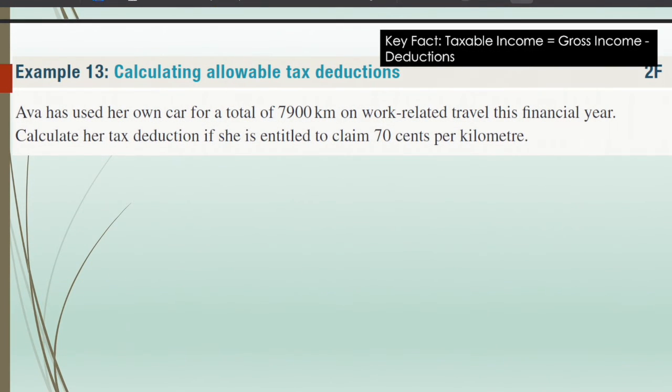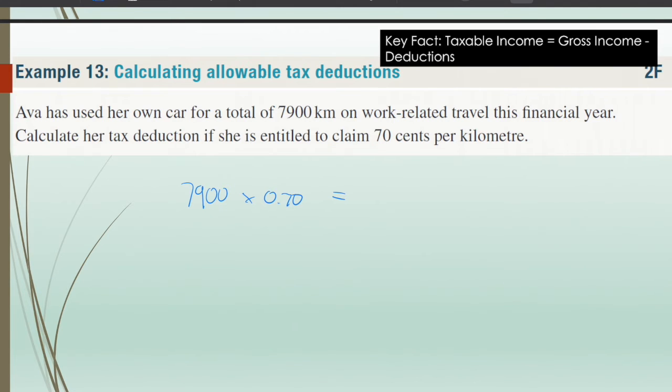Right, that's fairly straightforward. This is a very common kind of tax deduction you'll see. A person has driven 7,900 kilometers to work and they're allowed to claim 70 cents per kilometer. So all we're doing here is timesing these two numbers together. 7,900 kilometers times 70 cents.